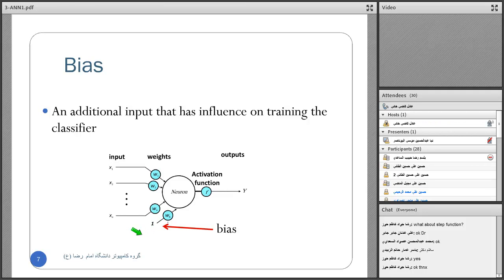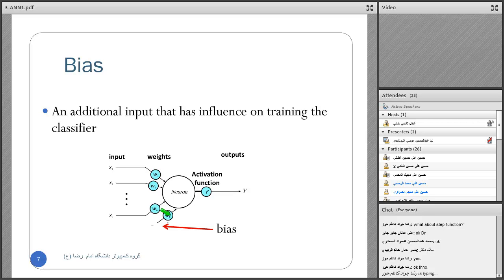The input is the number 1. So we have a fixed input, which is 1, and for the bias we only have a weight. This weight could be anything, but the value of the input is a fixed number, which is 1. We have a weight here, the weight of the bias.